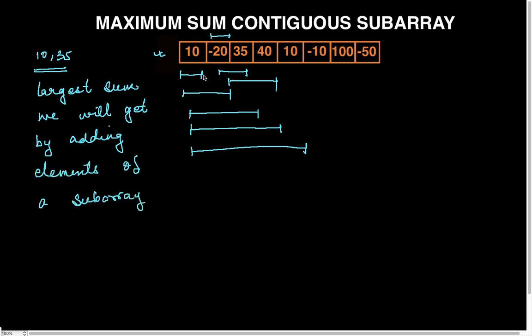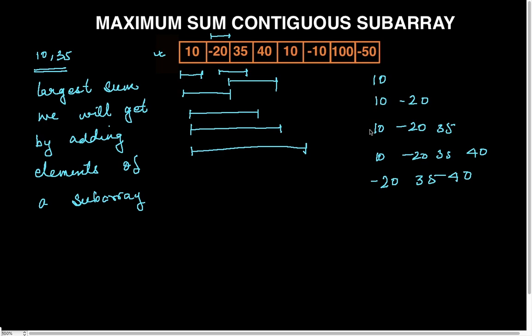Let's take out some subarrays; we won't go through all of them. Let's say 10 is one subarray, 10, minus 20 is a subarray, 10, minus 20, 35 is a subarray, 10, minus 20, 35, 40 is a subarray, and similarly minus 20, 35, 40 is a subarray. There are multiple such subarrays possible.